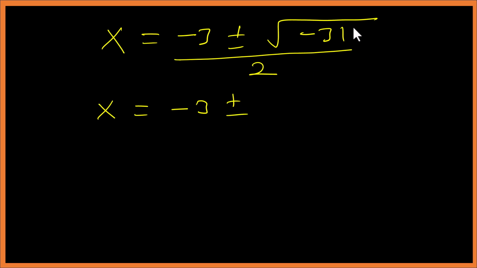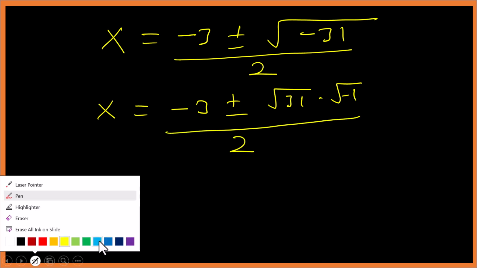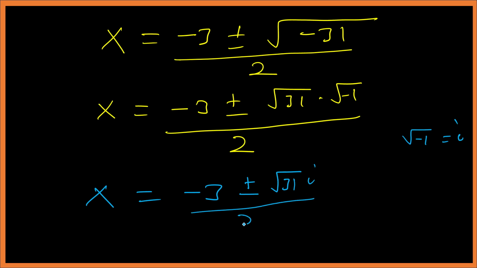Now we can write this one as square root of 31 times square root of minus 1, over 2. Now from complex numbers, square root of minus 1 is the same as i. So we have x equals minus 3 plus or minus square root of 31 i, over 2.